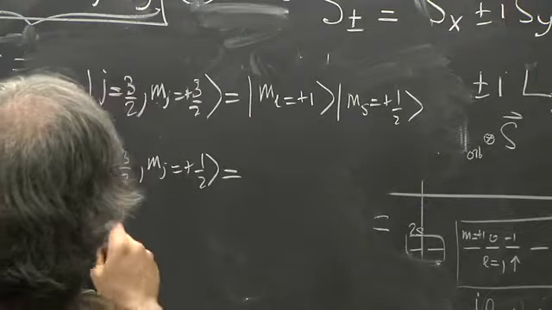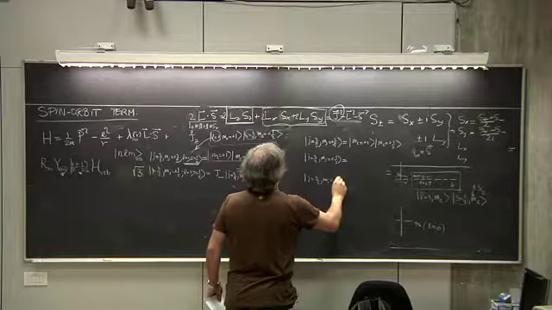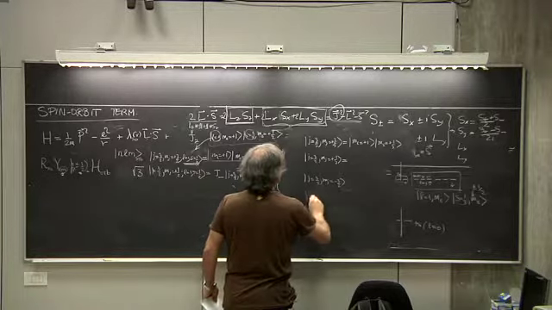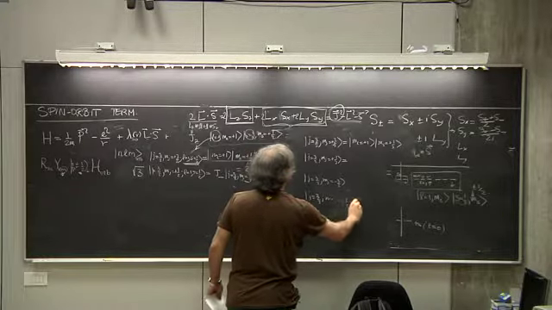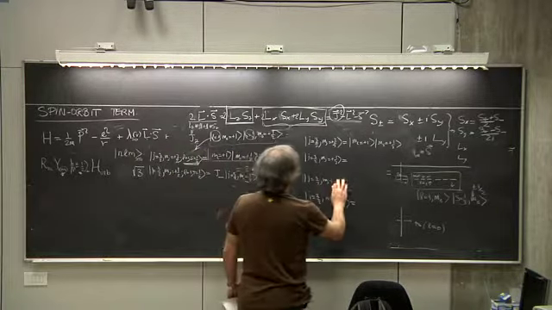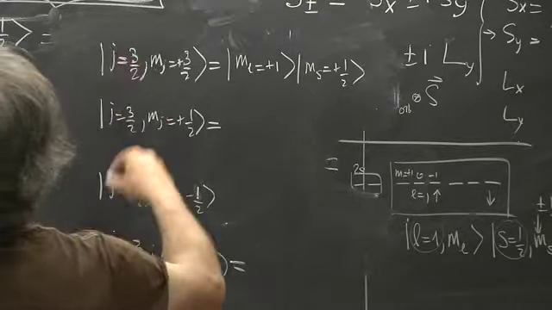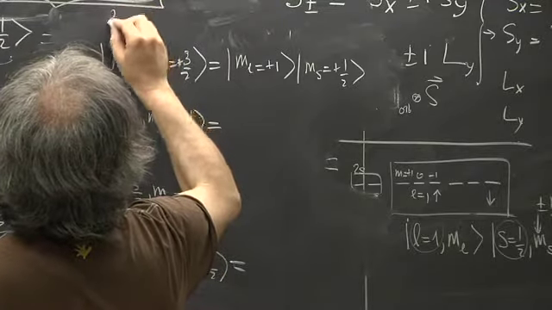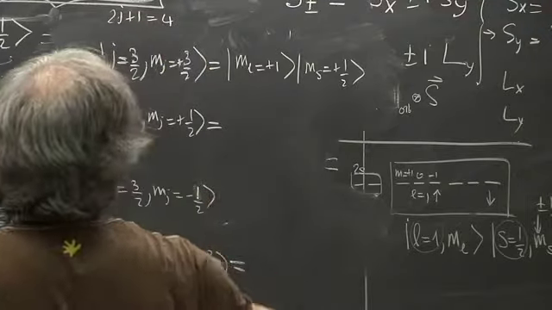And then I will have to construct J equal to 3/2, Mj equal to minus 1/2, and then J equal to 3/2, Mj equal to minus 3/2. Okay, so these are the 4 objects. After all, J equals 3/2 has 2J plus 1, 4 states.